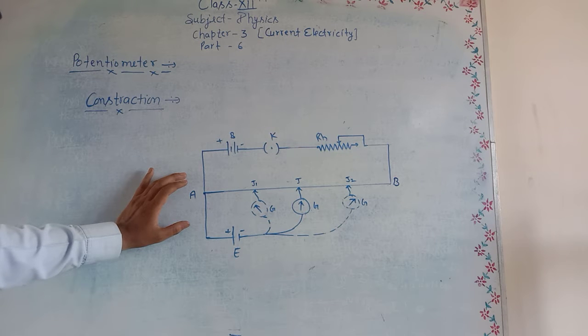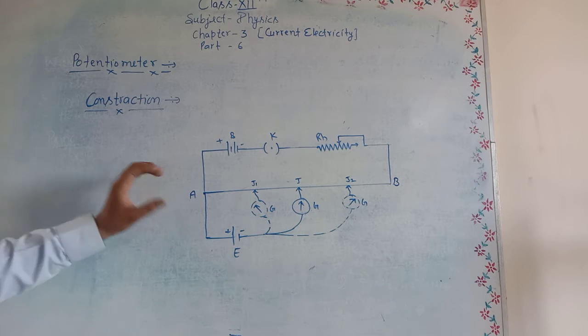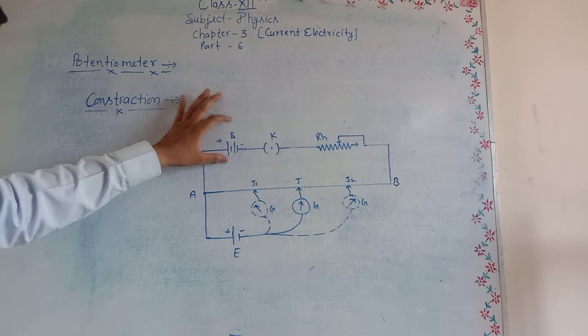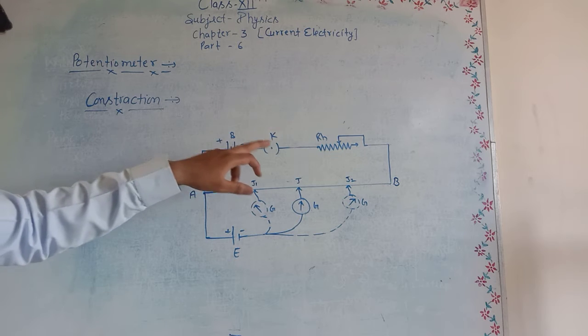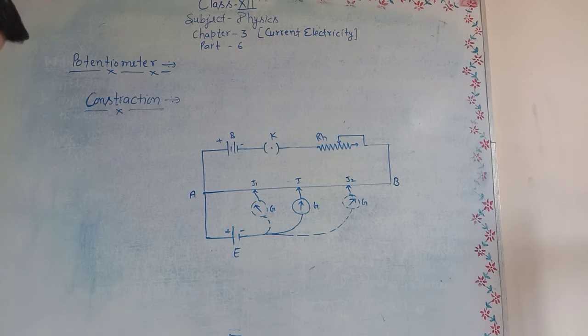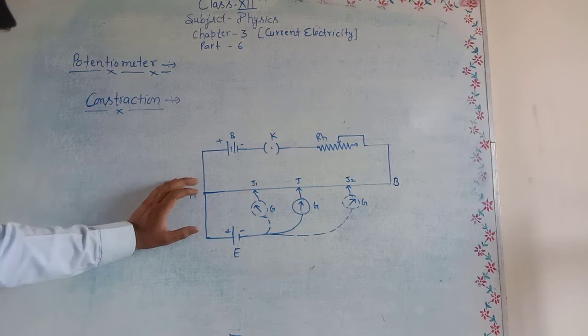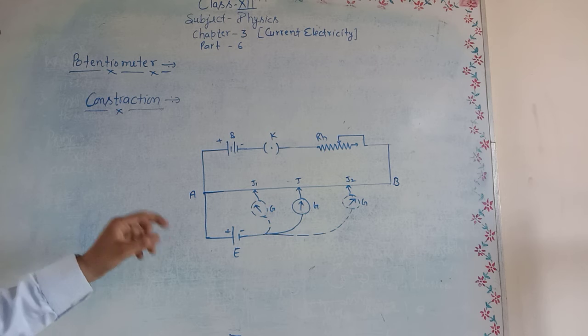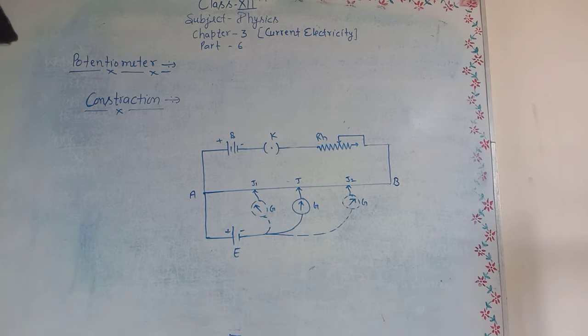A meter scale is fixed parallel to the wire. The ends A and B are connected to a strong battery, a plug key K and a rheostat RH. In this circuit a current I is applied through the wire AB.